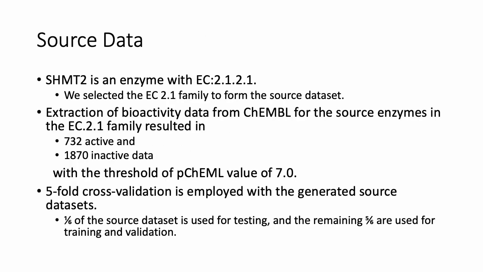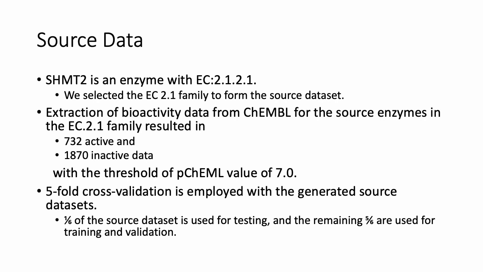The source data we obtain from ChEMBL is an enzyme with EC number 2.1.2.1. So we selected enzyme classification with number 2.1 family to form the source data set. And with ChEMBL, we obtained 732 active and approximately 1900 inactive bioactivity data.